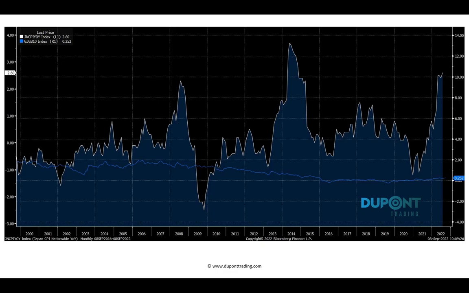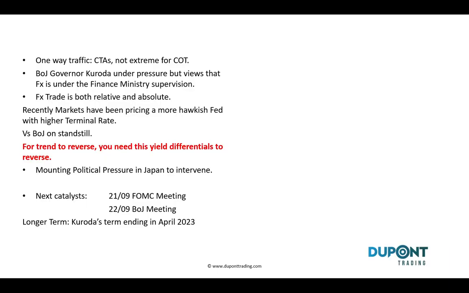But now, as we know, all over the world there is a lot of inflation. Even if the Japanese CPI is way below the CPIs year-on-year that we can see in Europe or in the US, we are still at a much higher level than before. And it's getting harder and harder for the Bank of Japan to justify yields that are close to 0.25%, if you want to be more exact.